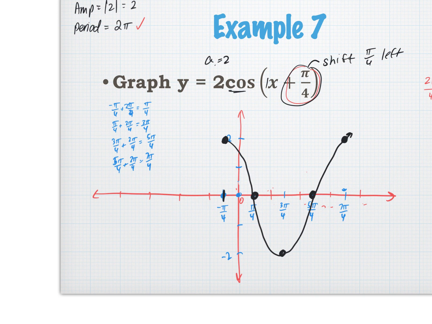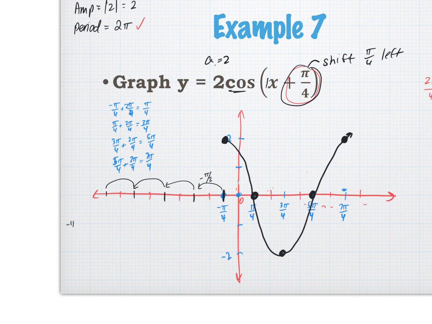Okay? And when I come to the left side, I'm going to be doing the same thing. I'm going to have to go to the left minus pi over 2 units for every single one of these coordinates that I'm going to try to find. Okay? And one more here. So I'm going to constantly be subtracting pi over 2.